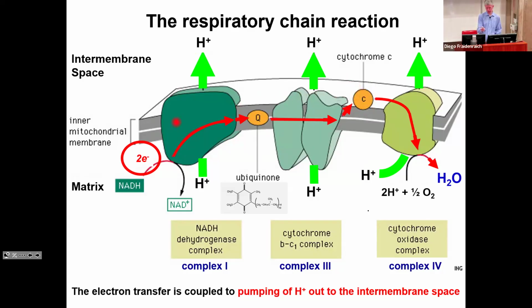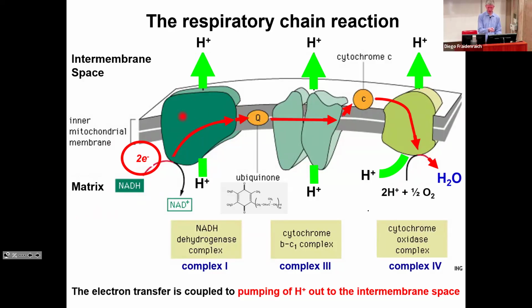So we have multiple complexes which transfer electrons from one complex to the next, and those are coming from NADH, which is transferring energy equivalents, so these electrons. And at the end, you would form water when you use oxygen.